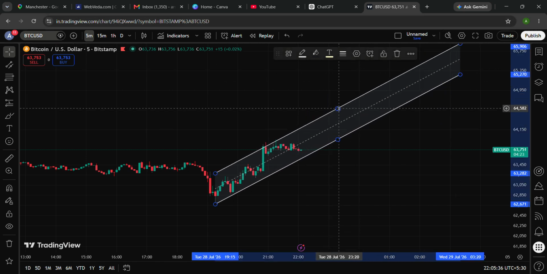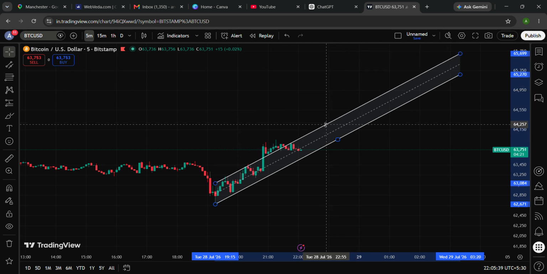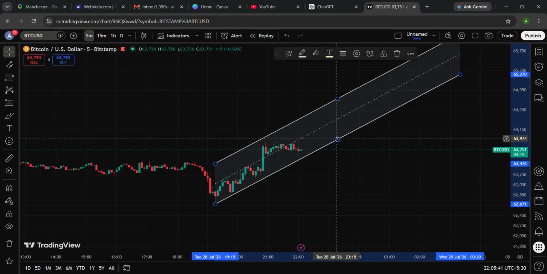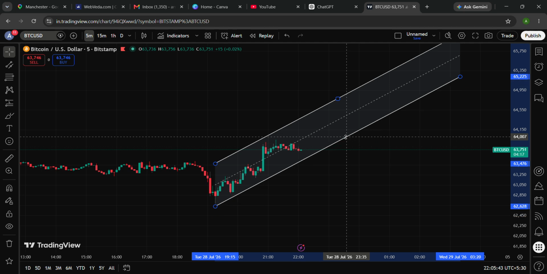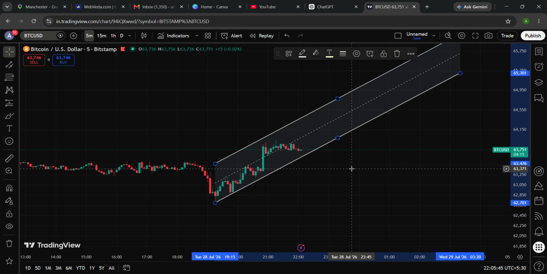You can expand it like that, and you can expand it on the downside also.